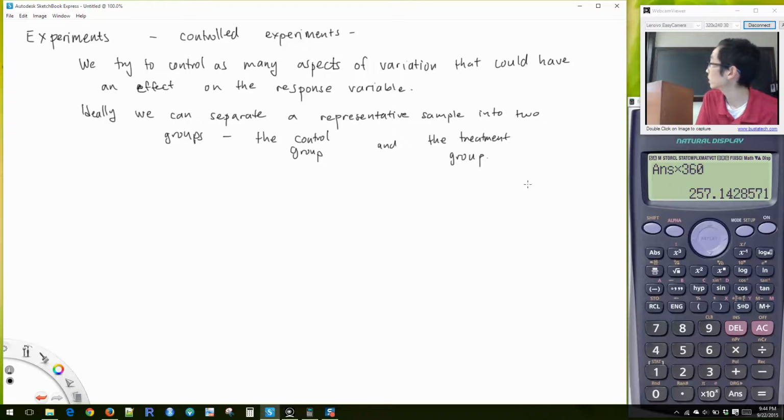And ideally, everything about these two groups is as identical as possible.